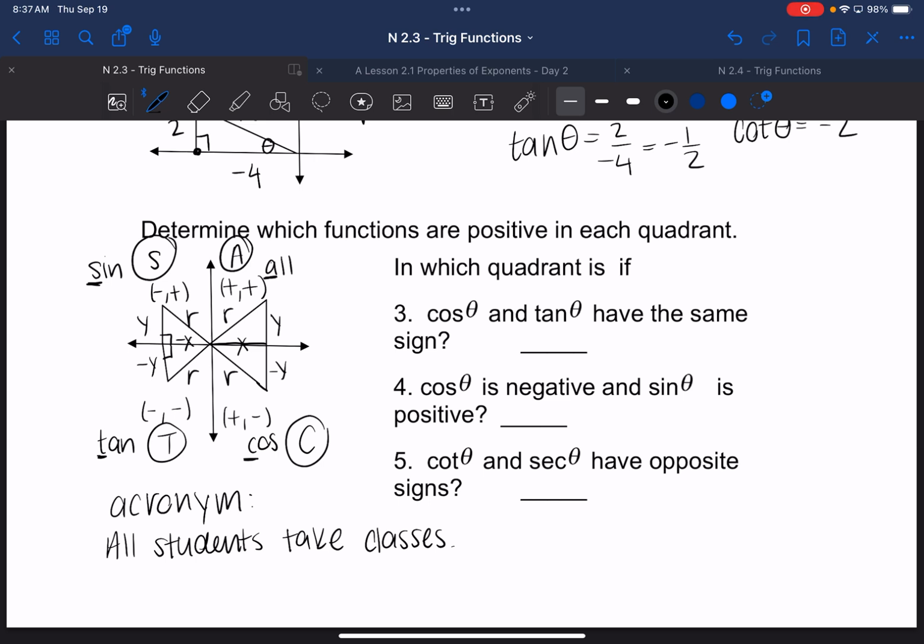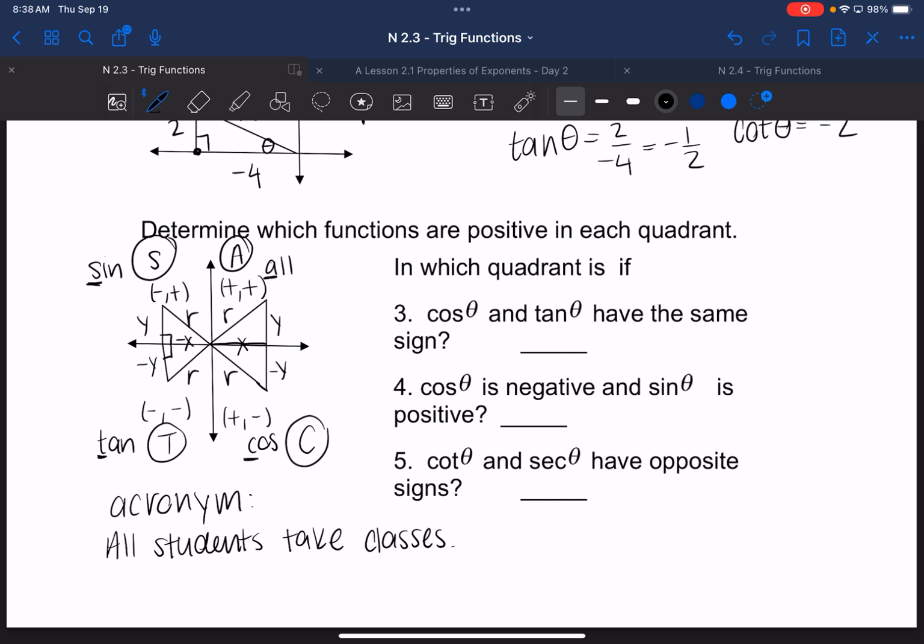So A stands for all of them being positive, right? Students, S, tells us in quadrant 2 only sine is positive. Take, T is for tangent. In quadrant 3, only tangent's positive. Classes, C, only cosine is positive in that last quadrant, all right?